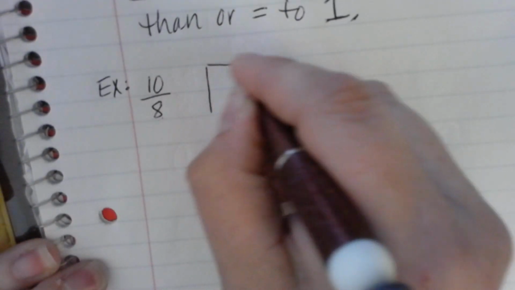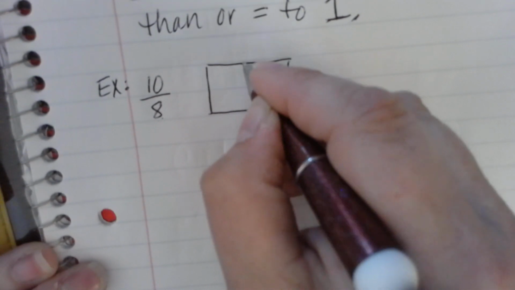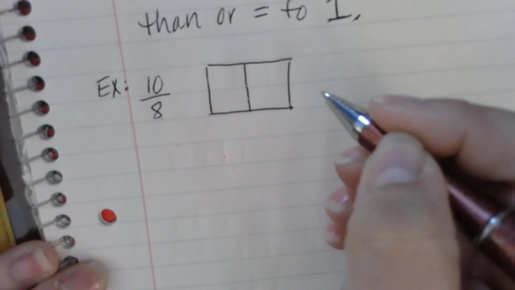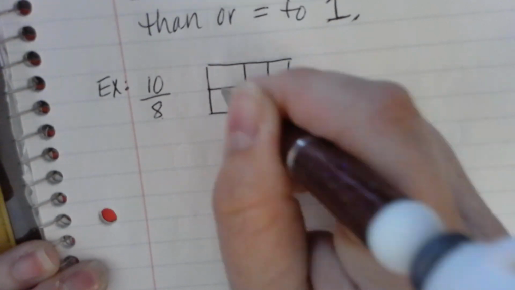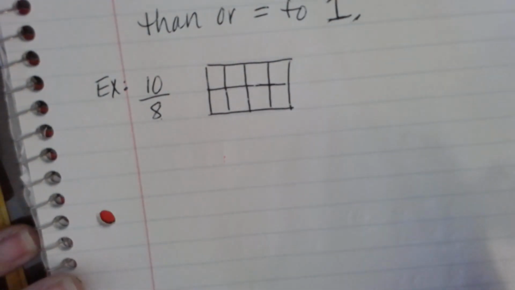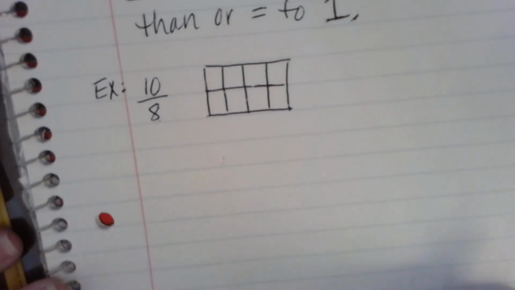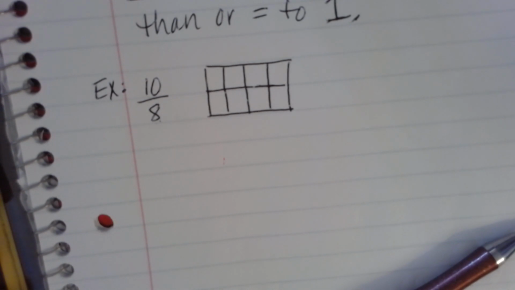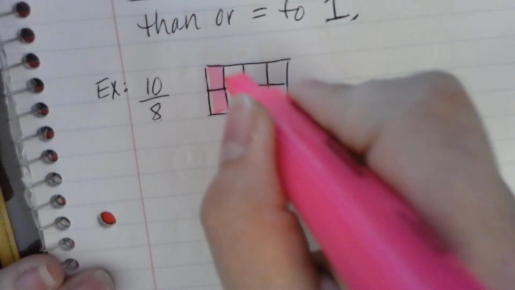So let's talk about what this might look like. So I'm going to go ahead and I'm going to say cake. So I'm going to start with a cake with 4 slices, and then let me break it into 8. So here's the cake, and this is what she's talking about. If I have 8 slices, but my fraction says to shade 10, right? Everybody with me? So I'm going to go ahead and I'm just going to use my highlighter.